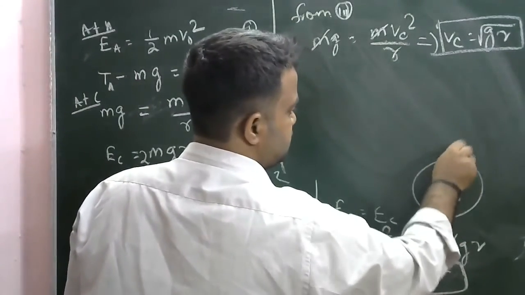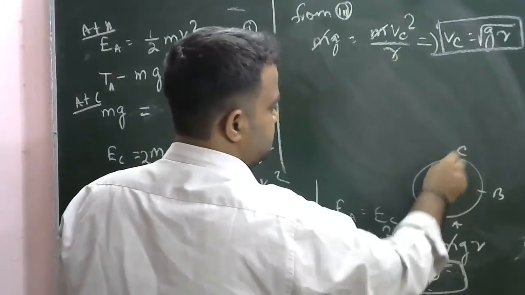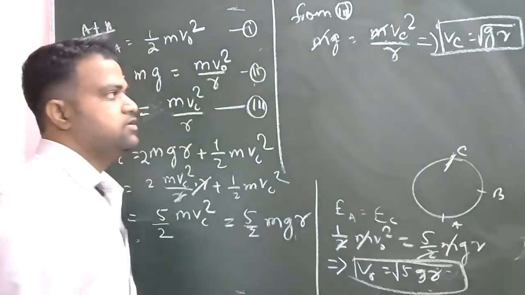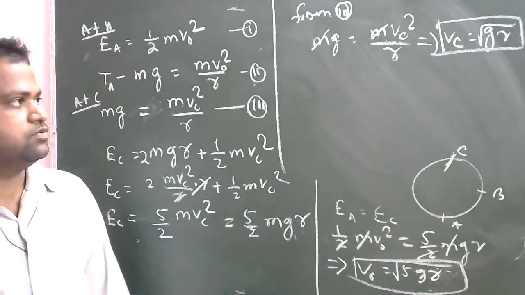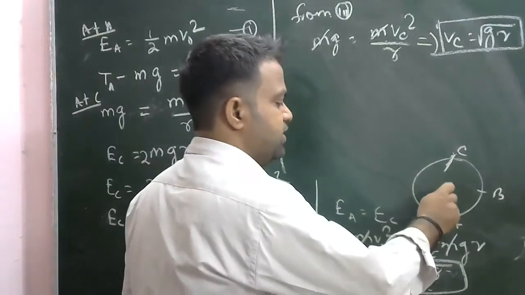This is your position C, this is B, and this is A. So what is the velocity at position C? Root of gr.